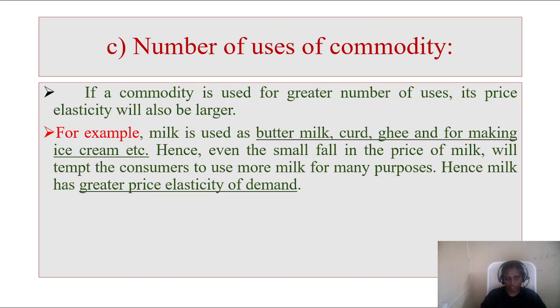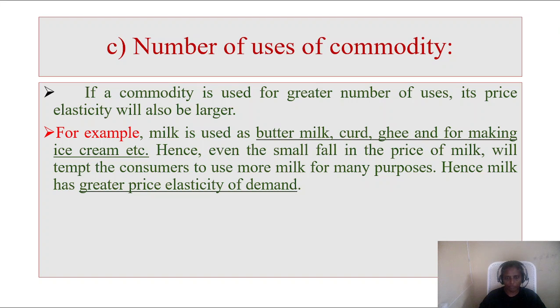For example, take milk. If the price of the commodity is very low, what will happen? We are using milk to make various commodities, and milk is also a very essential commodity in our day to day life.